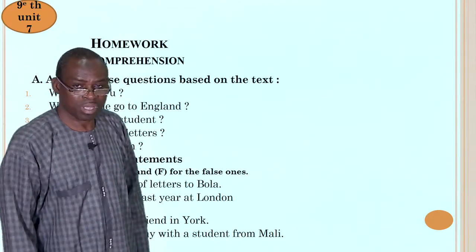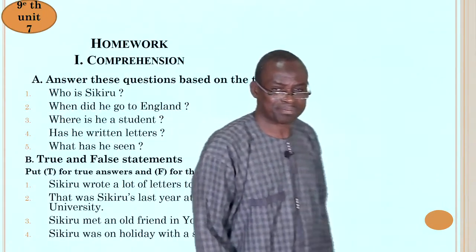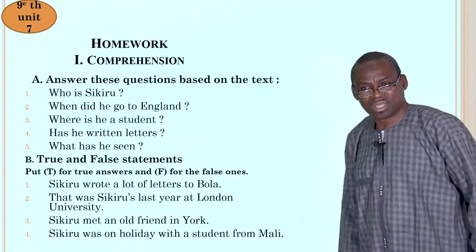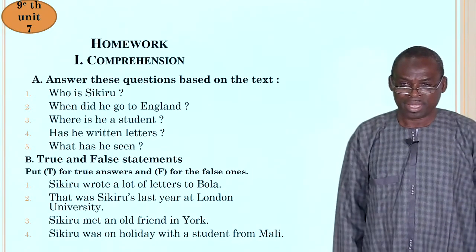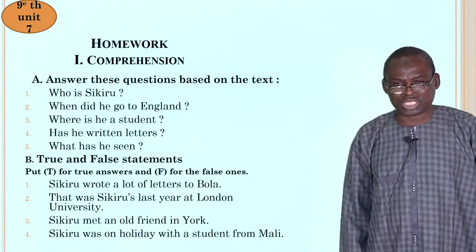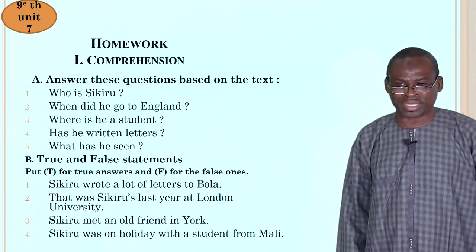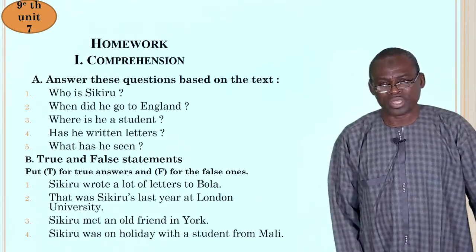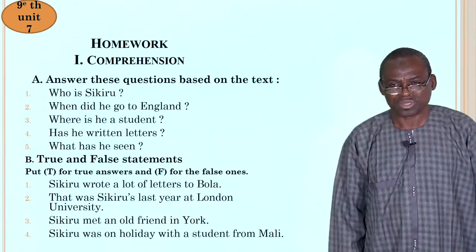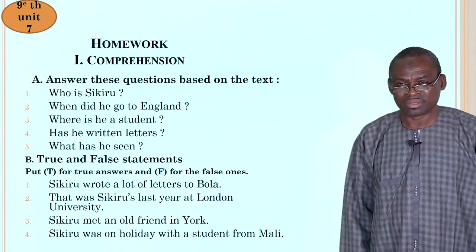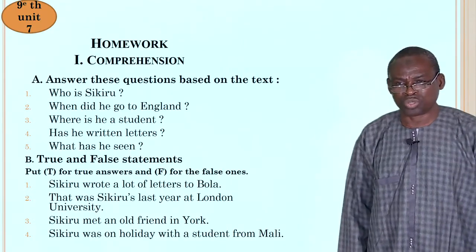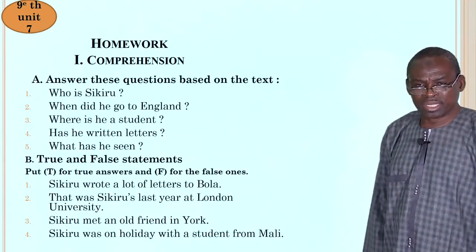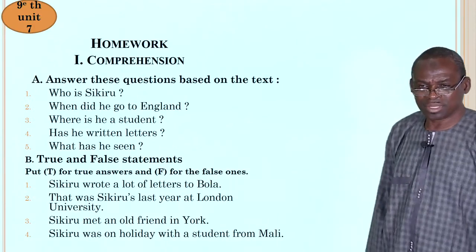Now, homework. 1. Comprehension. A. Answer these questions based on the text. Number 1. Who is Sikiru? Number 2. When did he go to England?